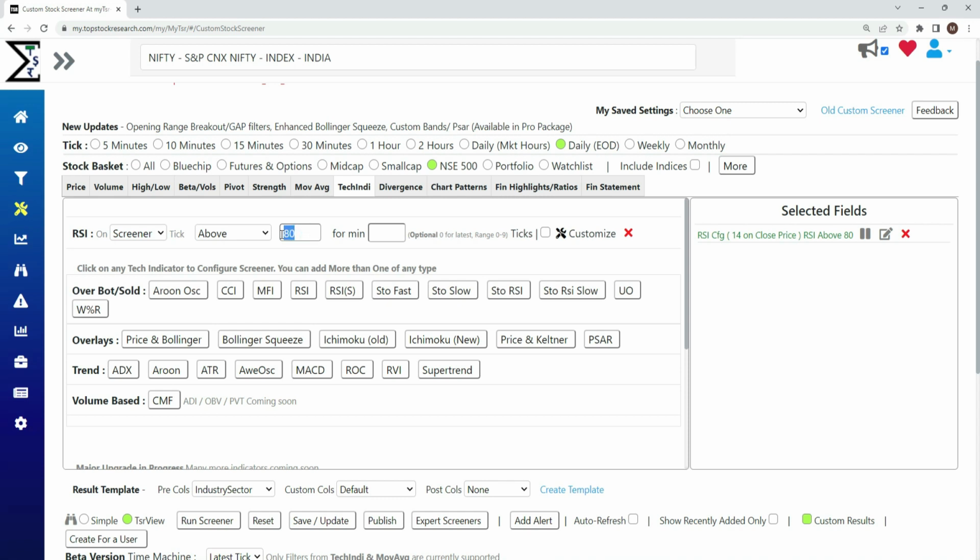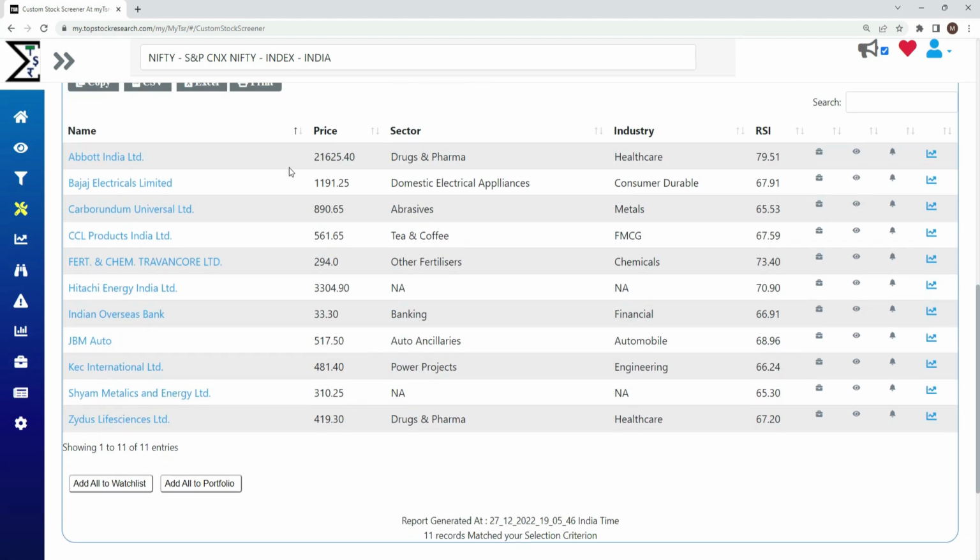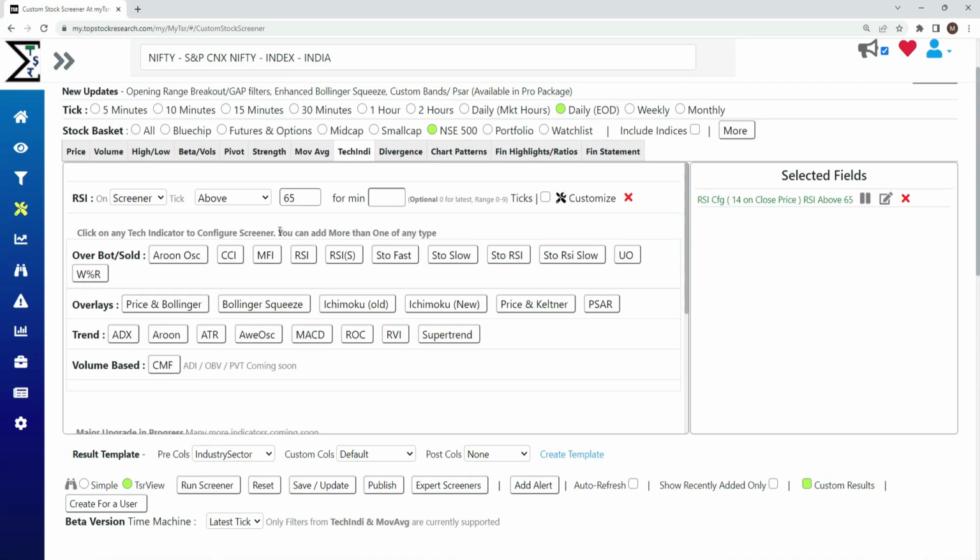So let's keep it as 65. Maybe we'll get more stocks now. So these are the stocks which fulfill this criteria. What a custom or DIY screener does is give you the ability to filter on a number other than the standard numbers we have in the system.